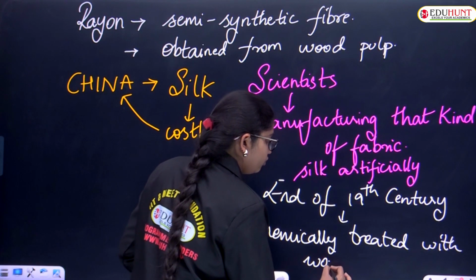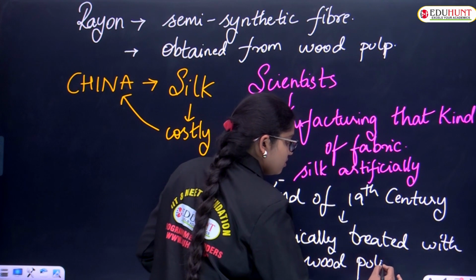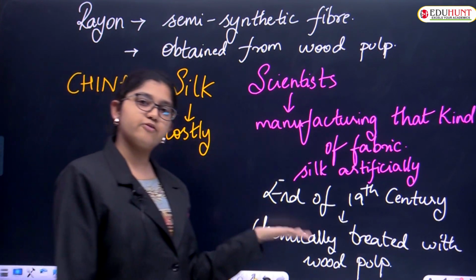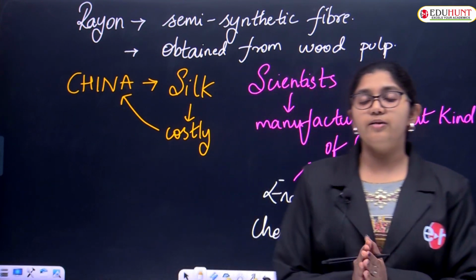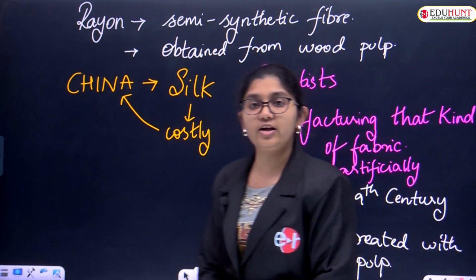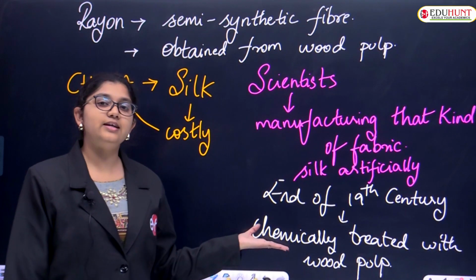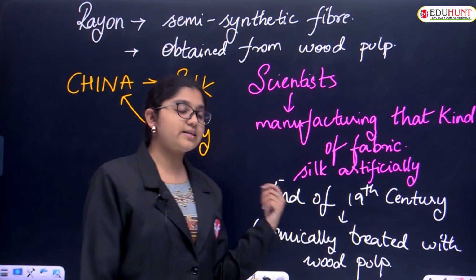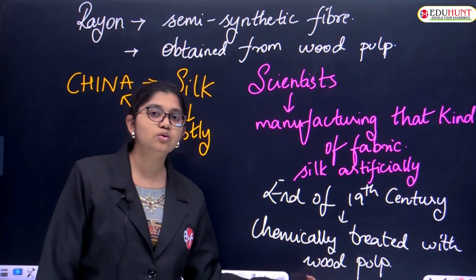There comes the word wood pulp, the wood which we take from the trees. So scientists kept trying, and finally, at the end of the 19th century, through chemical treatments, they got the silk-like fiber through wood pulp.